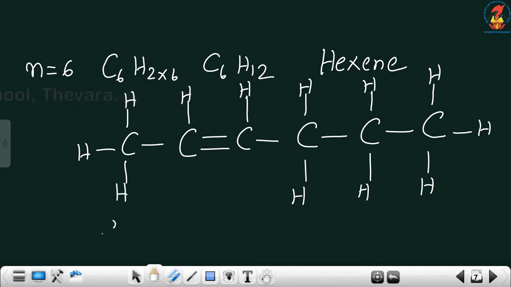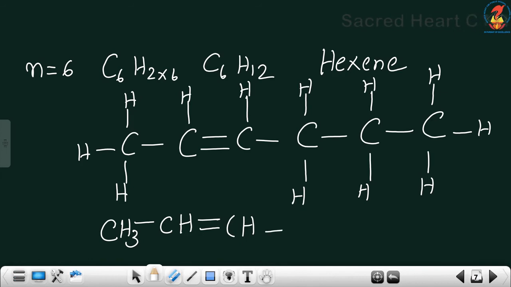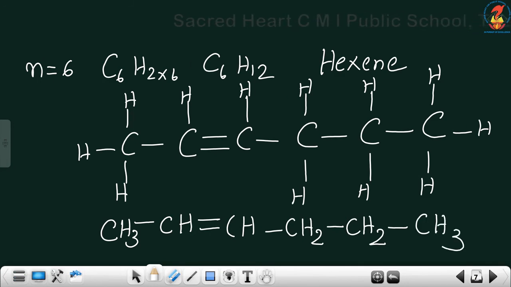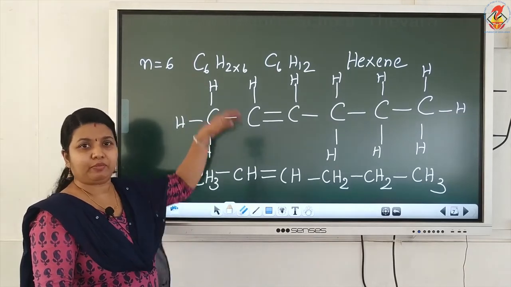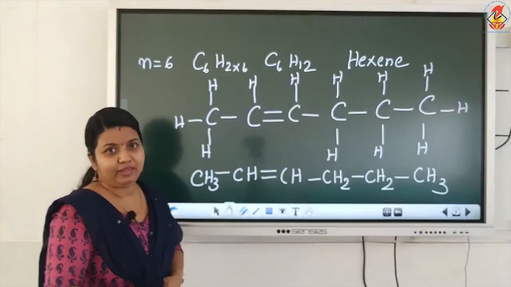Now we can write the condensed formula. First carbon CH3, single bond CH, then double bond CH, single bond CH2, single bond CH2, single bond CH3. So this is hexene.